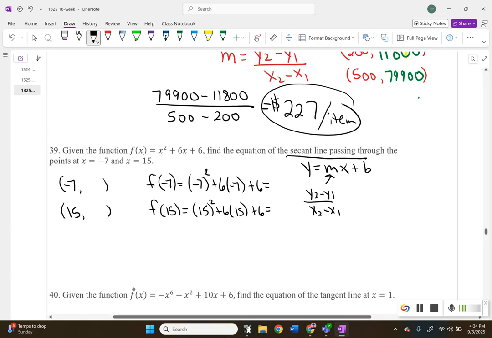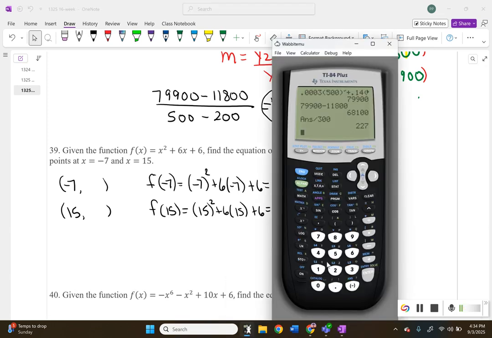And I can put these in my calculator. So I'm going to have parentheses, -7, parentheses squared, plus 6 times negative 7 plus 6. And that one I get 13.